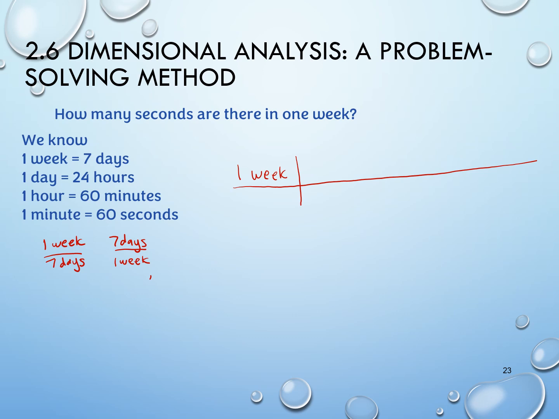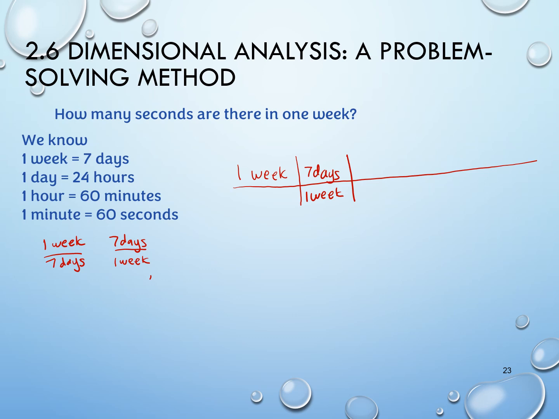Okay, so in dimensional analysis, I'm going to pick where the week is canceled out on the bottom and the days go on top. So the unit that you want stays on the top and the one you want to cancel out goes on the bottom. So I will put 7 days to 1 week here. And then we go to the next one. From days, I want to go to hours.